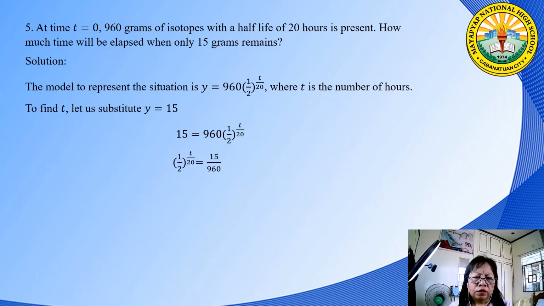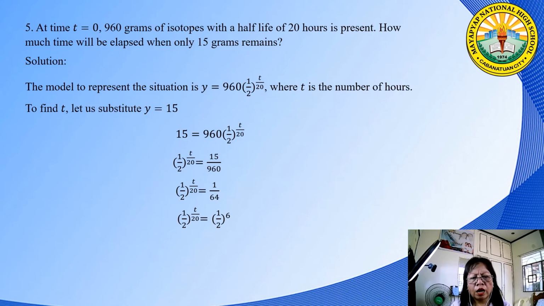So 1/2 raised to t over 20 is equal to 15 over 960. So 1/2 raised to t over 20 is equal to 1 over 64. When you simplify 15 over 960, that is equivalent to 1 over 64. So 1/2 raised to t over 20 equals 1/2 raised to 6.